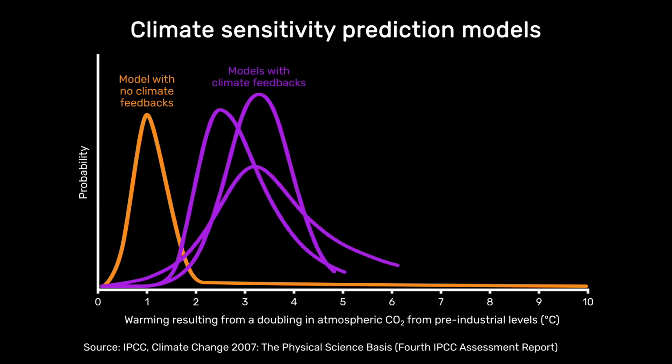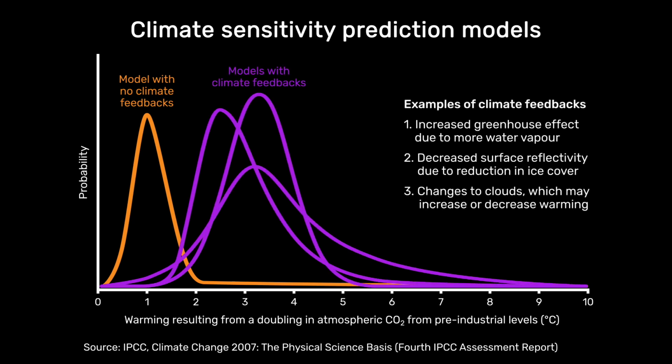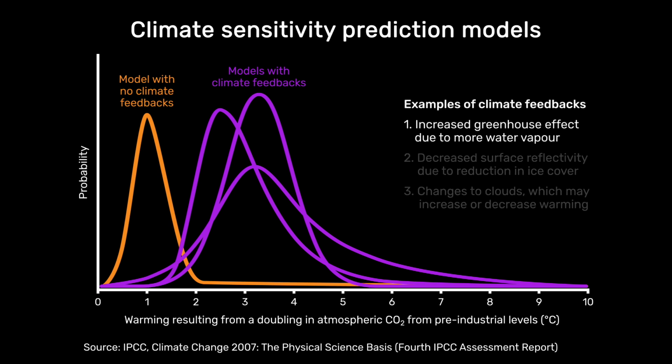But it turns out that on Earth, if you warm the atmosphere, there are changes that happen to the atmosphere. This is called a feedback. So the biggest thing is if you have warmer air, there can be more water vapor in the air. And water is also a greenhouse gas.